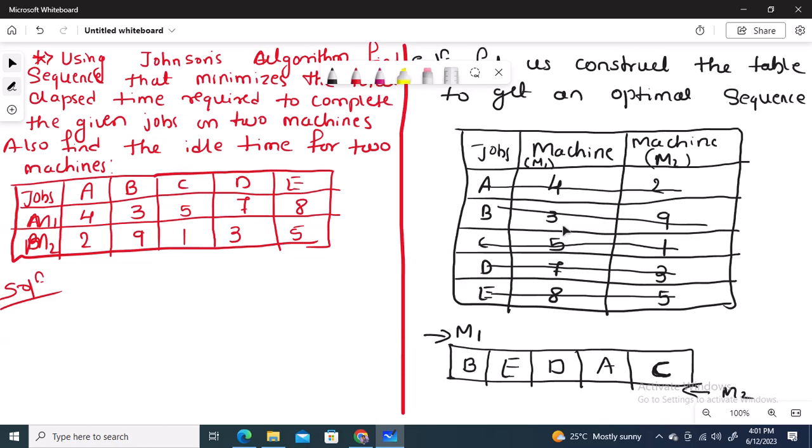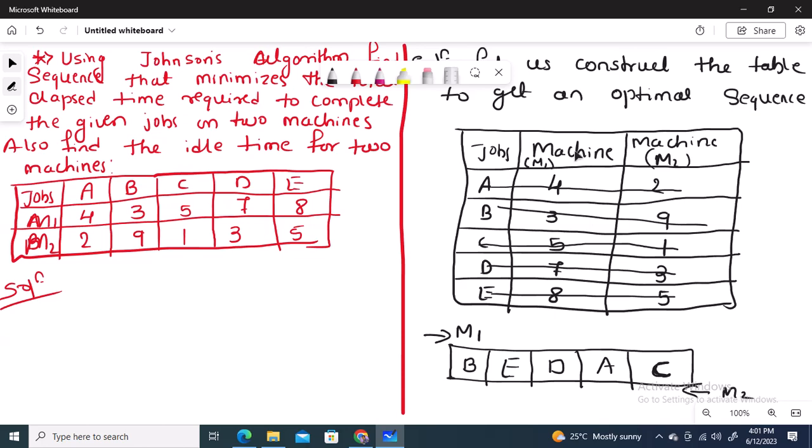Second, each operation that gets started must be performed till completion. Suppose machine 2 started one particular job, it has to complete that job, and only then will it move on to the next job. So these are two very important assumptions in the Johnson algorithm.